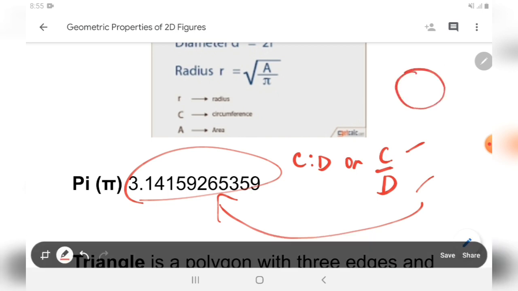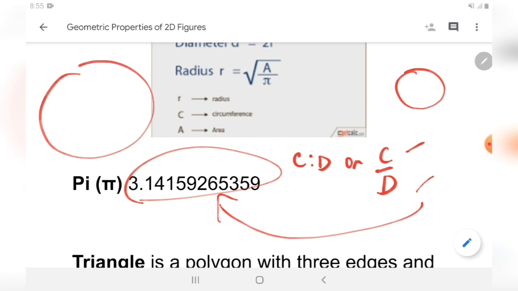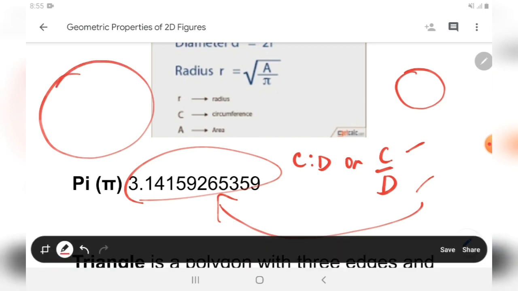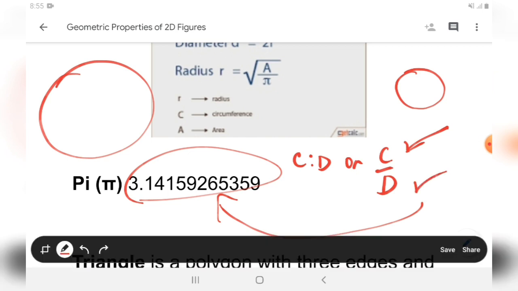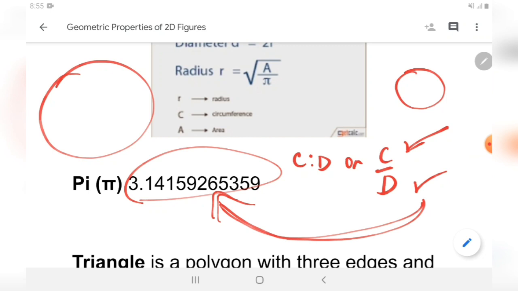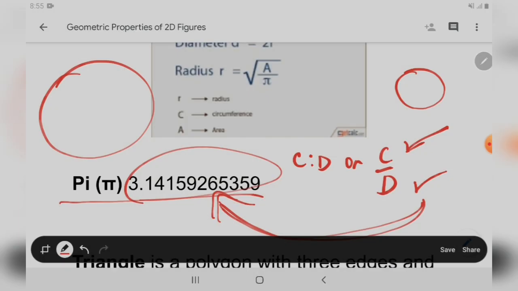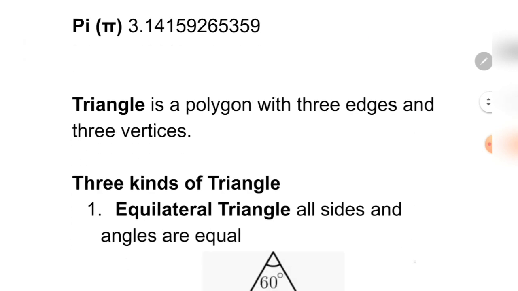Remember, in any circle, whether small or big, if we divide the circumference by the diameter, it will give the same value, and that is the pi value.